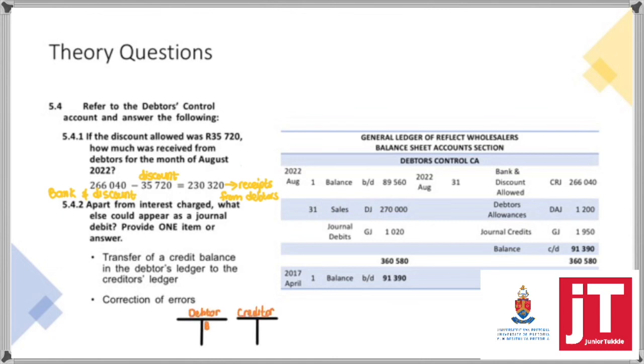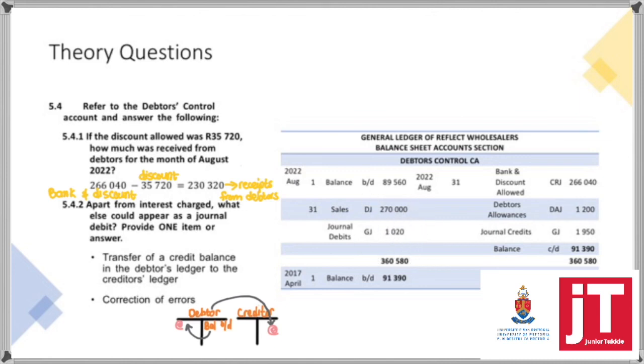So in other words, if you look at the little T account here at the bottom, we have a debtor that has a credit balance that we now transfer to the creditor's ledger. So therefore, you are going to debit debtors control or journal debits and credit creditors control journal credits in the GJ, and that can lead to part of that 1,020 total.